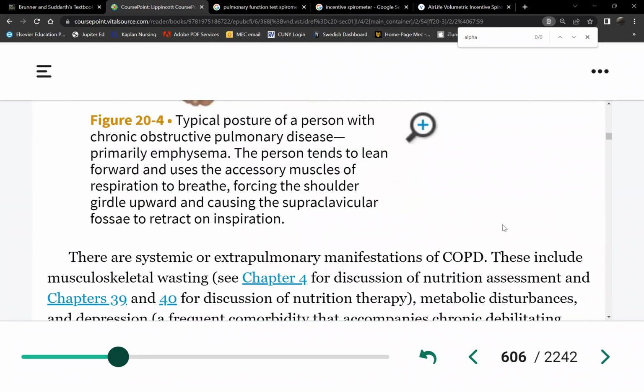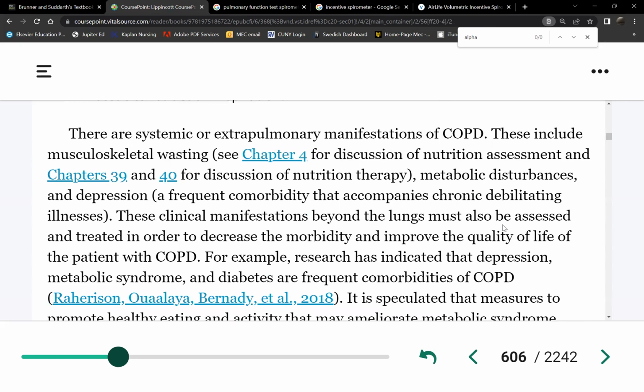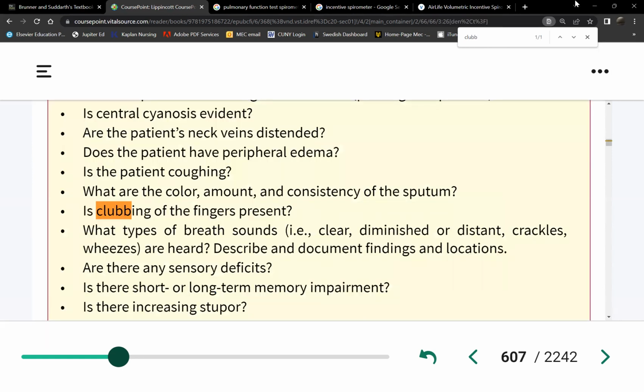What about what happens to the fingers with chronic hypoxemia? The fingernails? What do we call that, Caroline? Clubbing. Okay, the finger clubbing. What causes the finger clubbing? This one, the clubbing of the fingers. Hypoxia? Okay, chronic hypoxia.